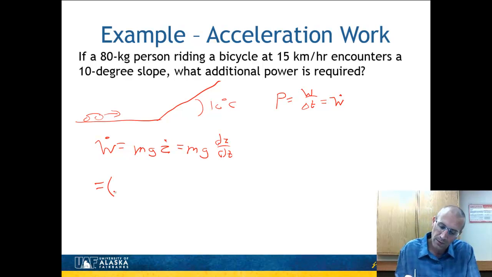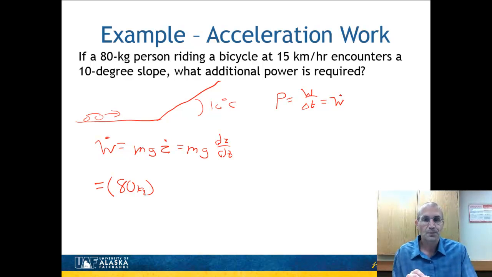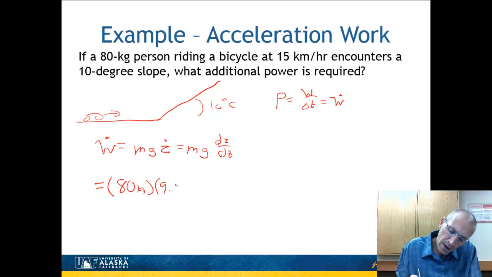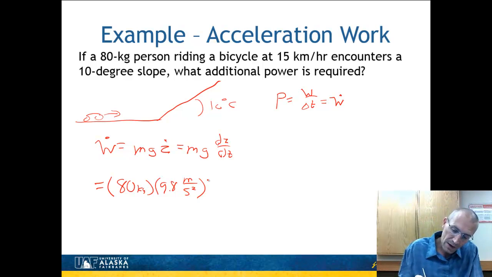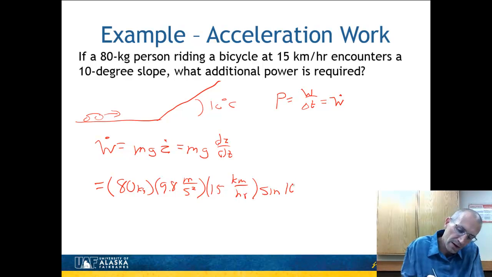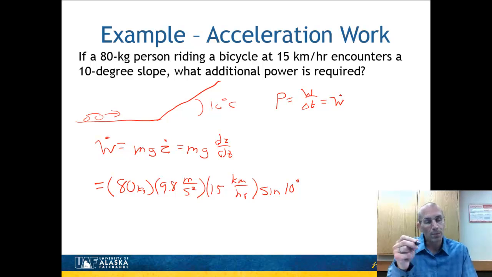Let's go ahead and put some numbers in there. Our mass is 80 kilograms. Gravity, about 9.8 meters per second squared. And now dz dt, how quickly are we going up? Well, we are moving at 15 kilometers per hour, and then we're going to multiply that by the sine of 10 degrees to tell us what percentage of this 15 kilometers per hour we're going up.